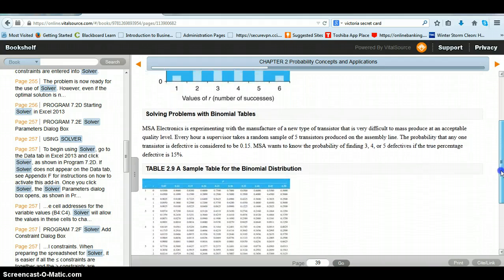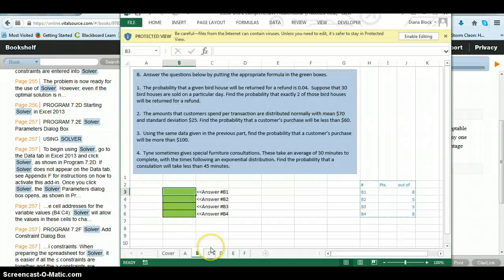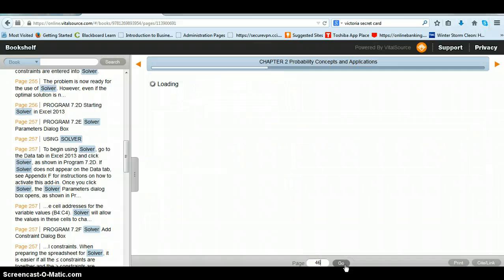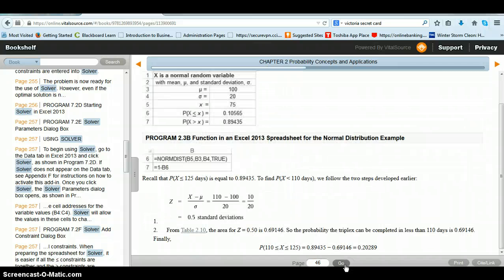And so for the first part of problem B, you're going to use a binomial distribution function. And then the next two is where you're going to use the normal distribution. The normal distribution is also explained in chapter 2, and you also have instructions there of how to use that function in Excel. So all of this is just a review of things that we have already done.